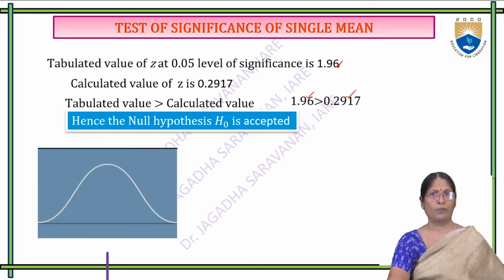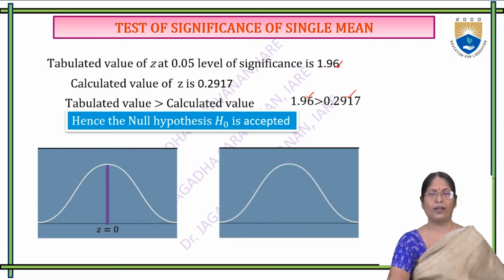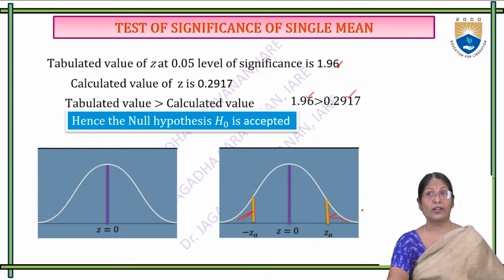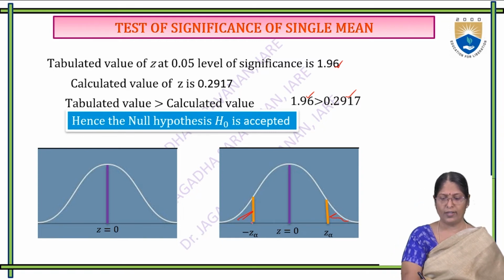So this is the basic normal curve part. The next stage of the graph is a two-tailed test. So on two sides, the rejected parts will be there. This part and this part are the rejected parts. That is here, minus 1.96 to 1.96.